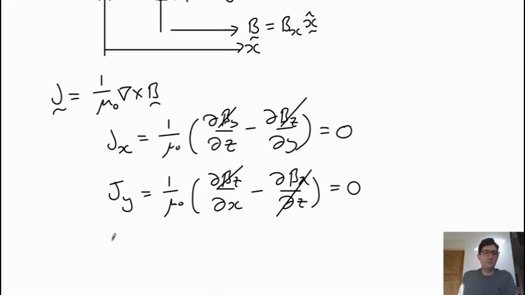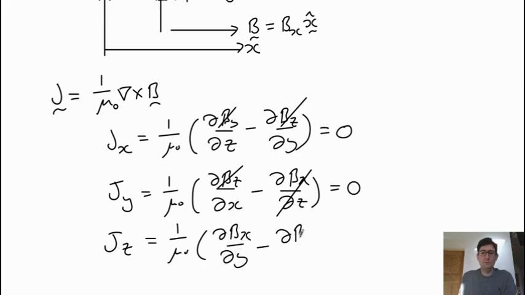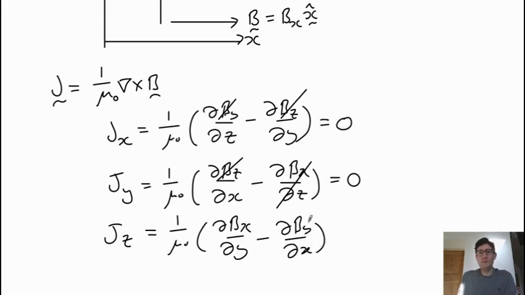And then we have jz, which is 1 over mu naught, dBy by dx minus dBx by dy. Now B is not changing in x, so d by dx is 0, but we do have this term here.